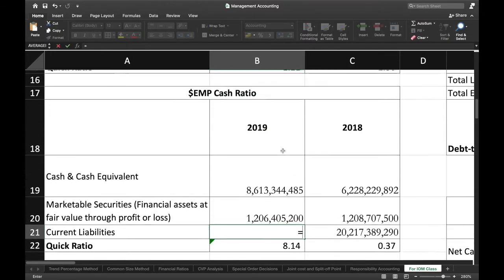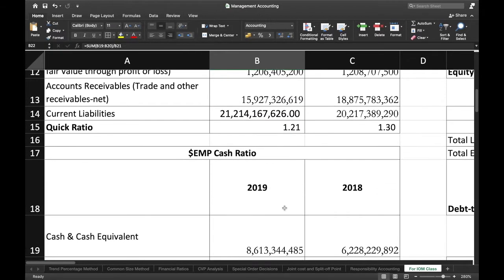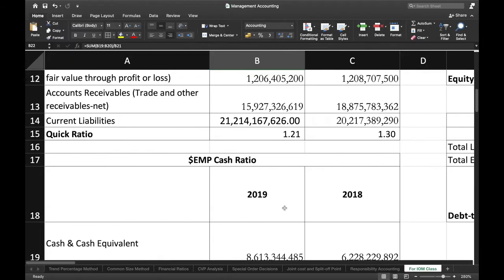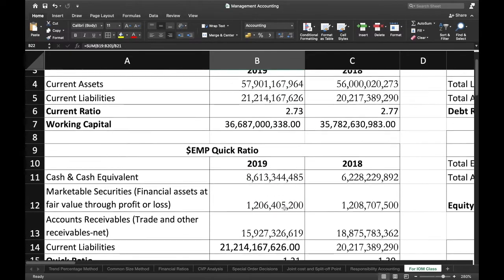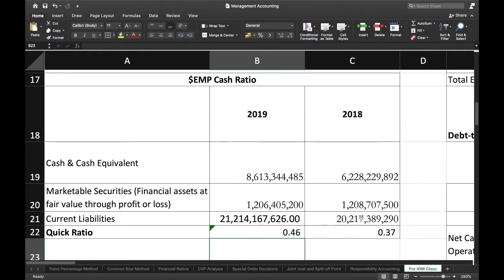Okay, check natin ha. Current liabilities. Quick ratio. Ayun, no? 0.46. Mas maliit pa rin si 2018. So, still, tama pa rin tayo.